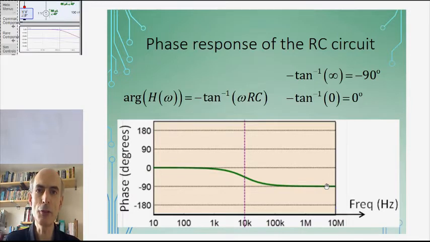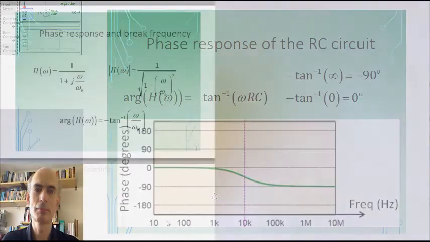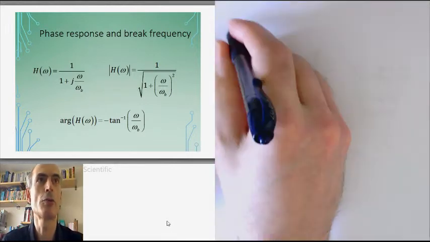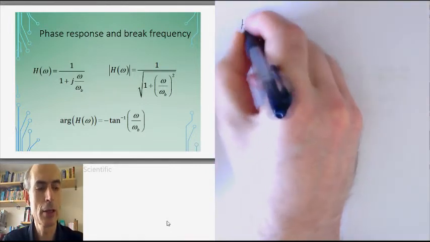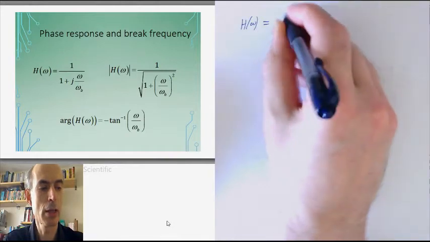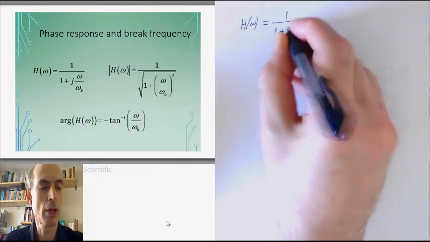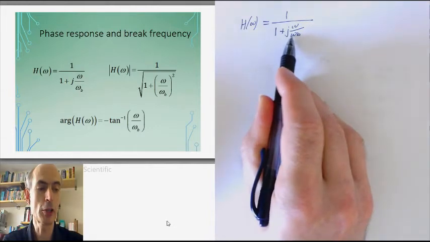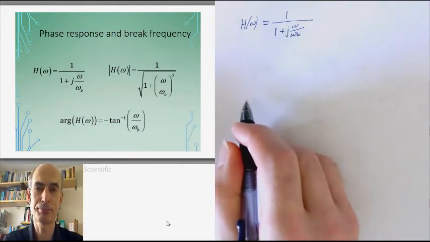Now, something interesting happens if you look at what the phase difference is at the break frequency. Remember, we can write the frequency response of this network in terms of the break frequency as 1 over 1 plus j omega over omega b, the break frequency in radians per second.